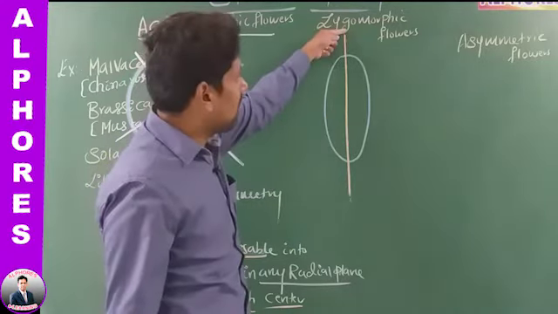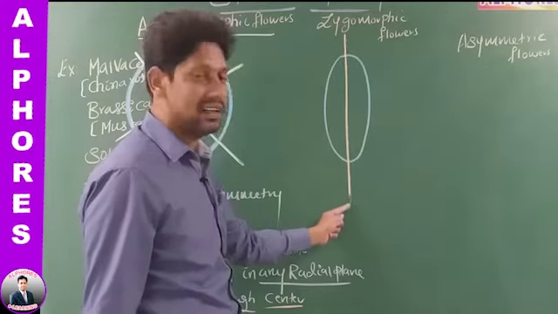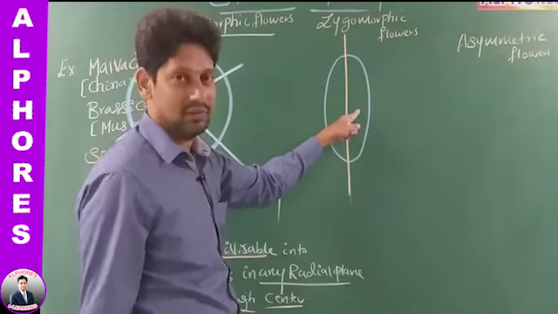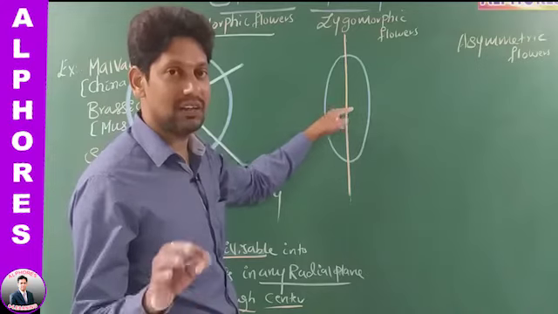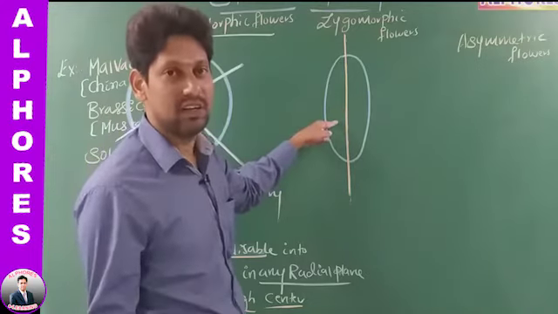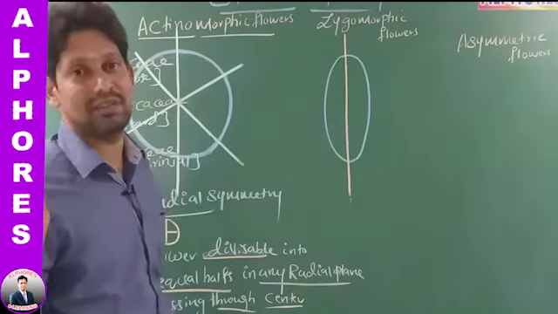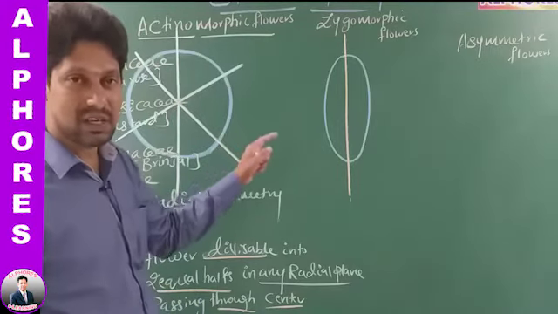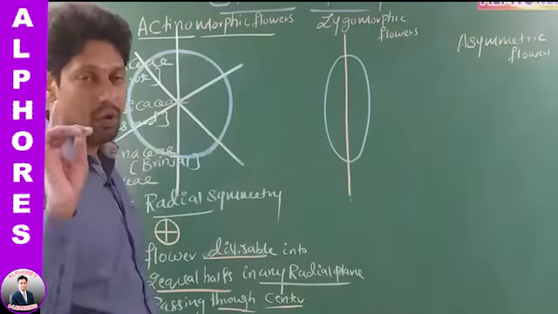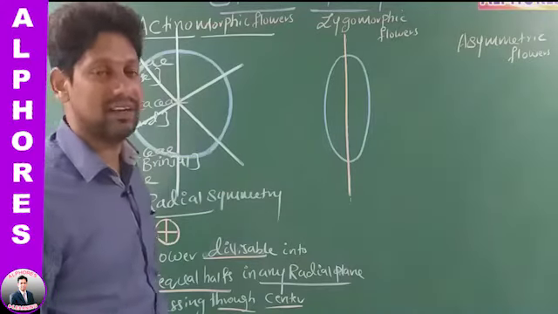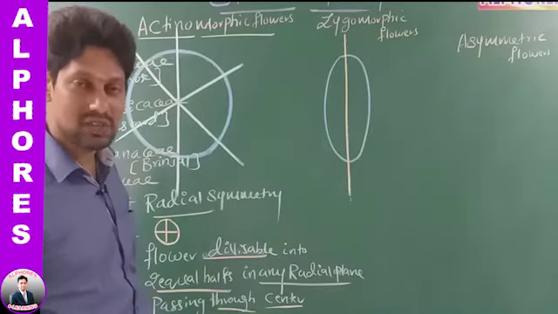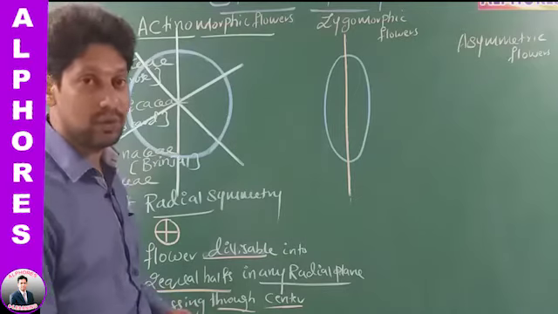If you cut it from posterior to anterior, you will get two equal halves. Other than this, if you cut this flower in any plane, you won't get two equal halves. It means a flower is divisible into two equal halves only in one vertical plane, that is from anterior to posterior or posterior to anterior.